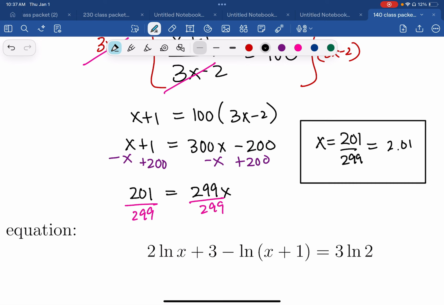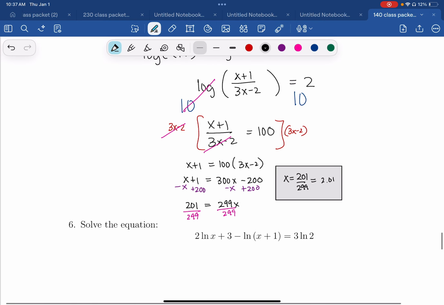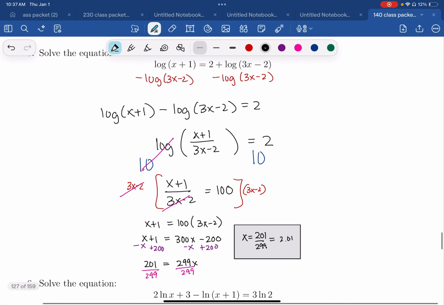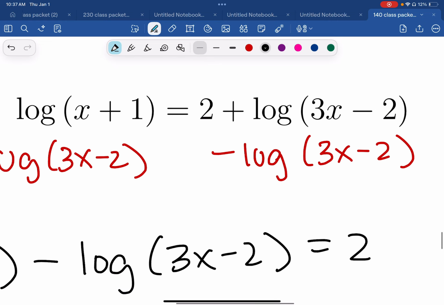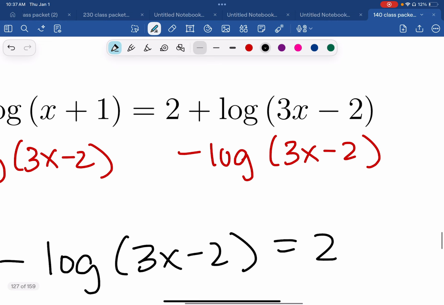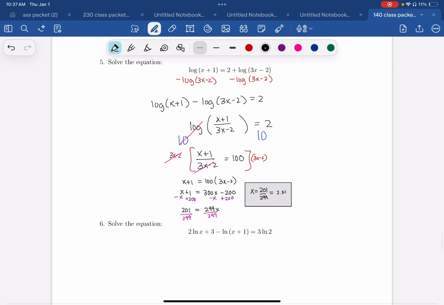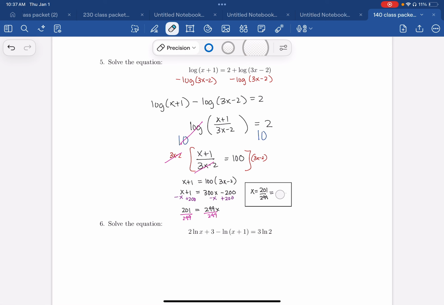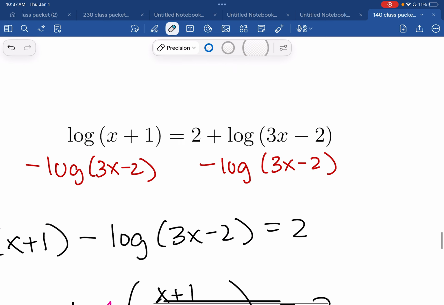We do want to check, and the reason why I got the decimal value is to check to make sure that it doesn't make any of our logs negative, because that would mean it wouldn't actually work. So if you plug 2.01 in here, actually, I'm sorry, it isn't 2.01. Okay, and when you go up here, it's something less than 1 that's positive. So on the left, you have x plus 1.